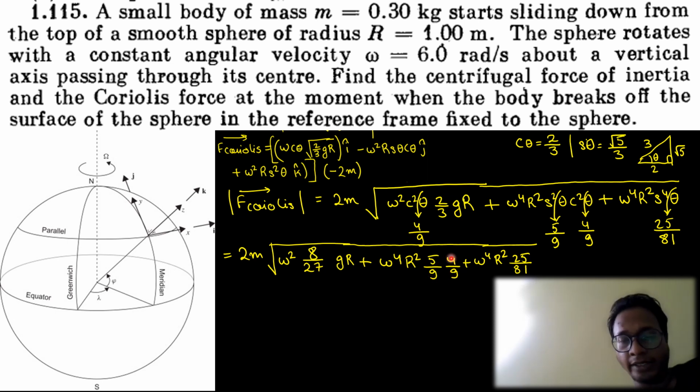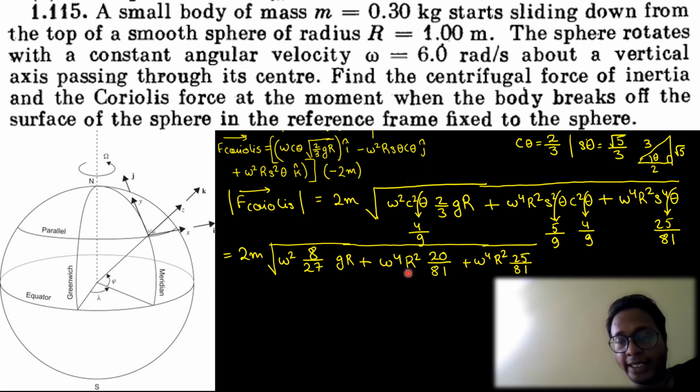So 20 by 81. And this is 25 by 81. See, this is omega 4 r square 20 by 81, omega 4 r square 25 by 81. So these two are the same kind of terms, so these two can be added. So if you take 81 as common, 20 plus 25.